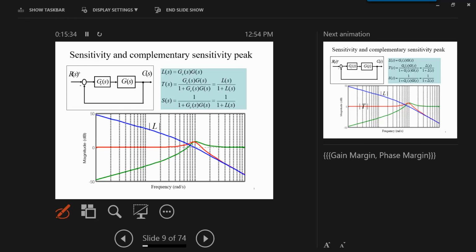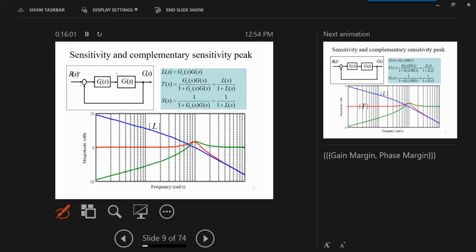Now we want to differentiate between the Bode plot for a closed loop system and for an open loop system. This is the system, L G Gc is the loop gain. For a unity feedback system, and we are working with a unity feedback system, this is the forward path gain.